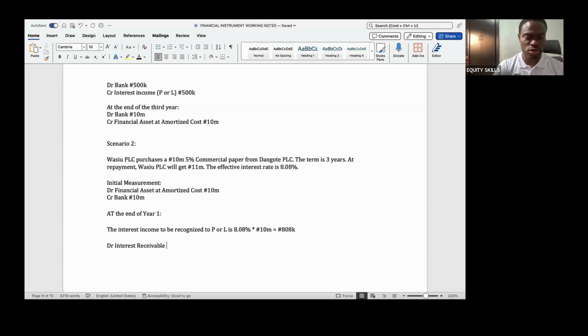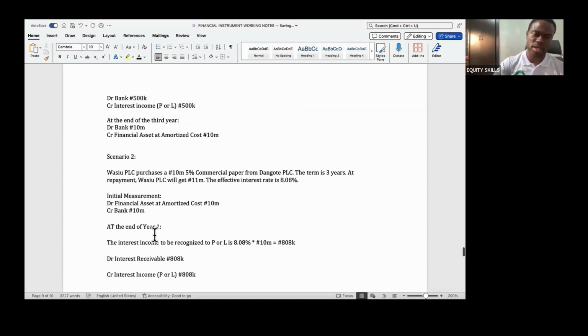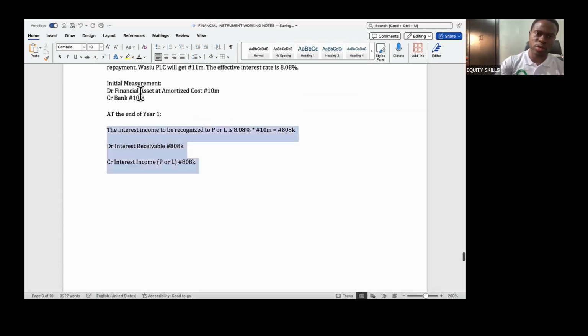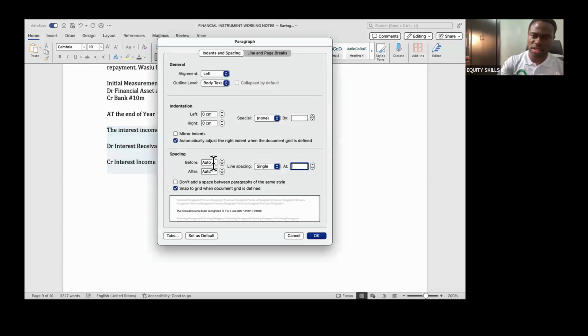So we debit an interest receivable account, and of course you credit your interest income in your P&L with the same amount. 808 in year one.